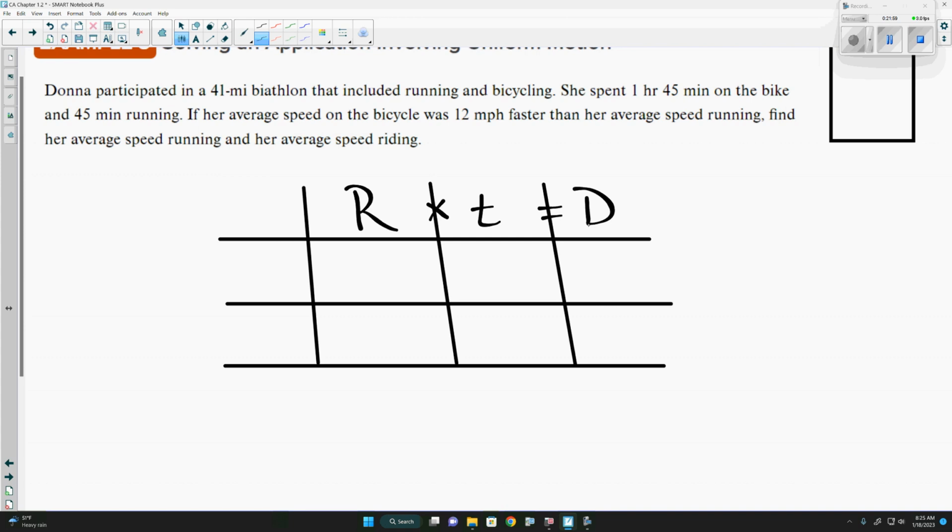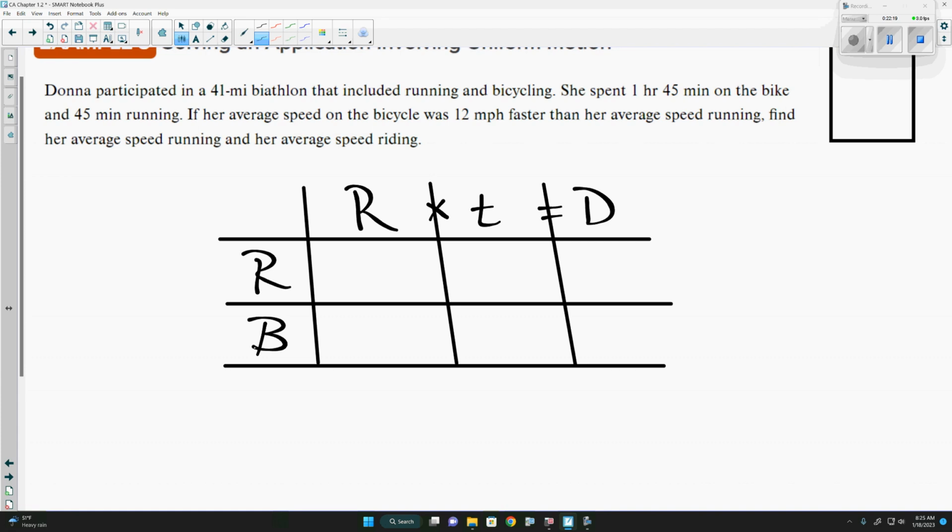Well, we can denote one of these as running and the other as bicycling, yes? Now they gave us some times.